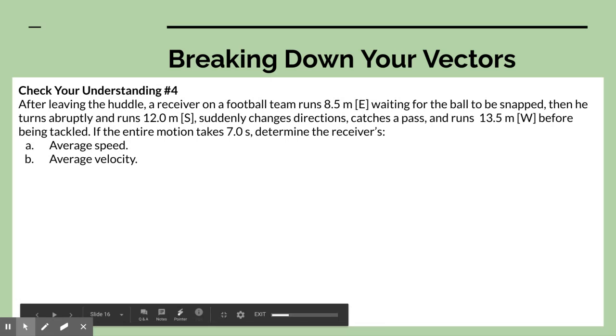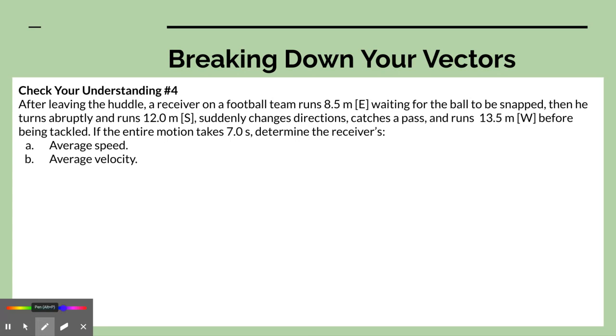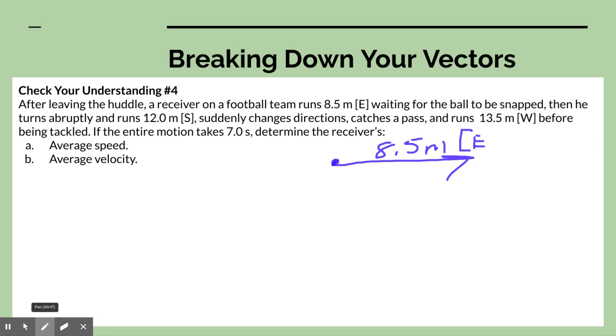And again, I'm running short on time here. So number 4: after leaving the huddle, a receiver on a football team runs 8.5 meters to the east, waiting for the ball to be snapped. Then he turns and abruptly runs 12 meters south.